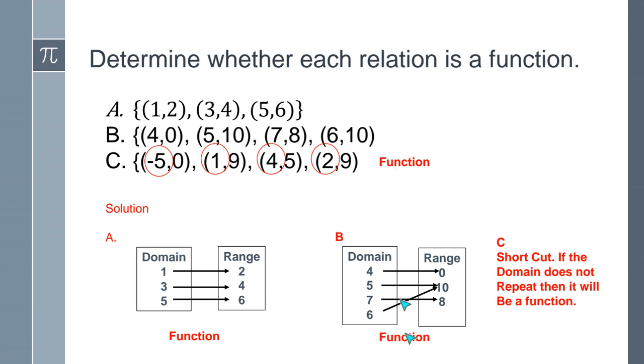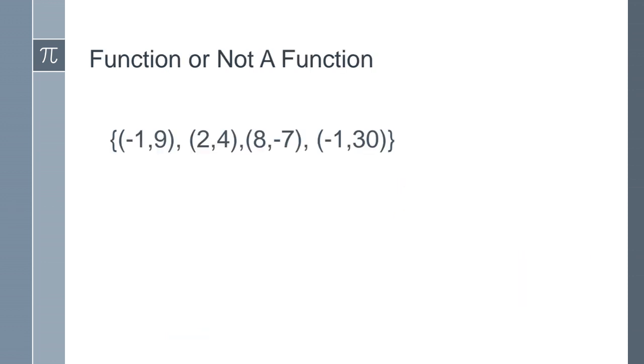Okay. So why don't you guys try this for a second? We have -1, 9, 2, 4, 8, -7, -1, and 30. So ask yourself, is this going to be a function or not a function? So what do you guys think?